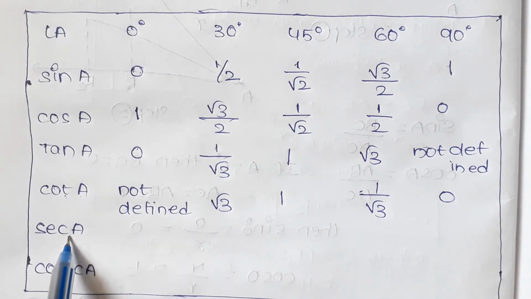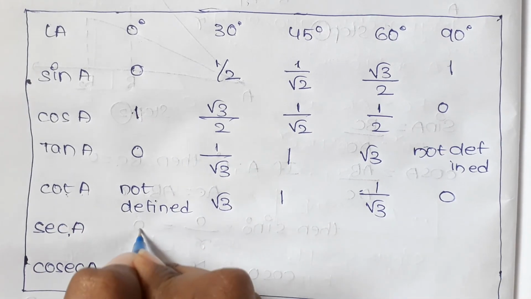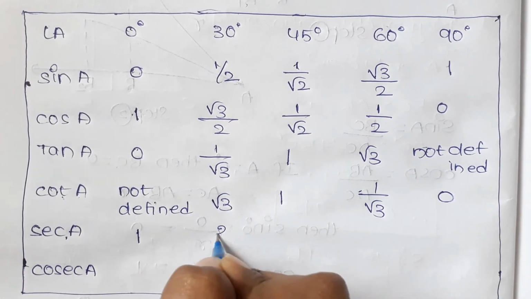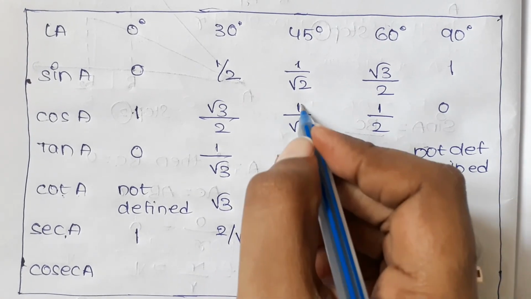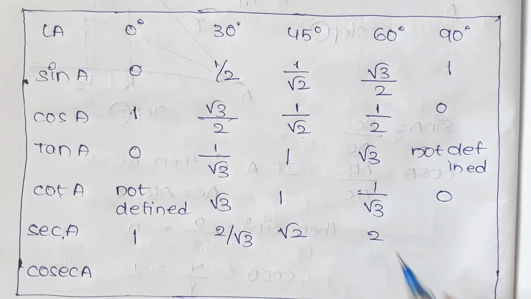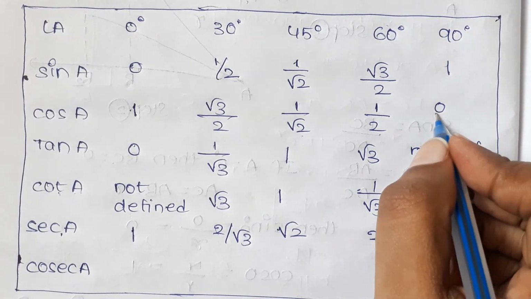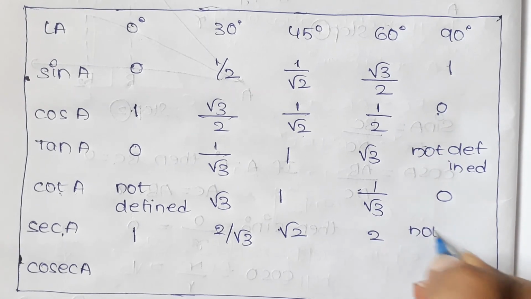Now secant A is nothing but the reciprocal of cos. 1 by 1 is 1, 2 by root 3, root 2, 2, and 1 by 0 is not defined again.